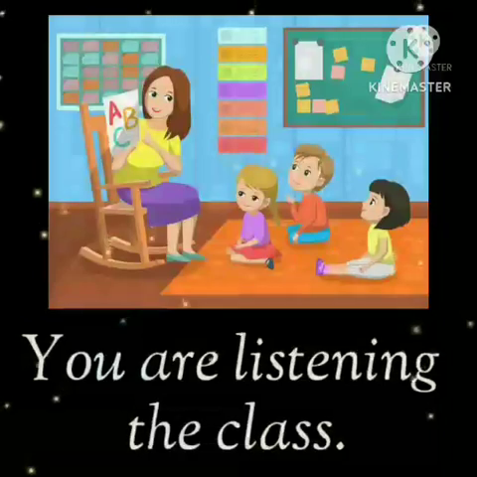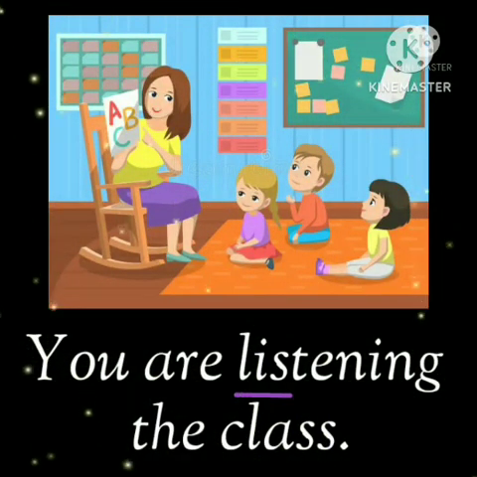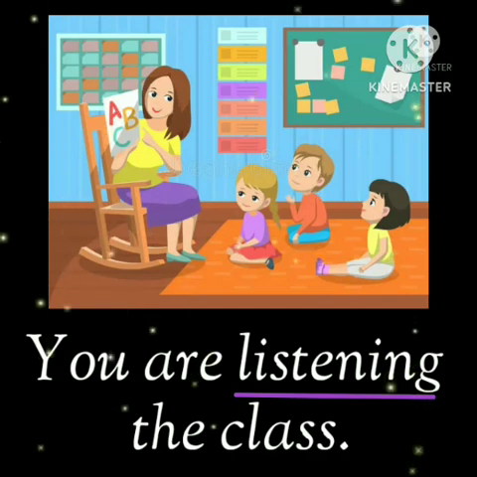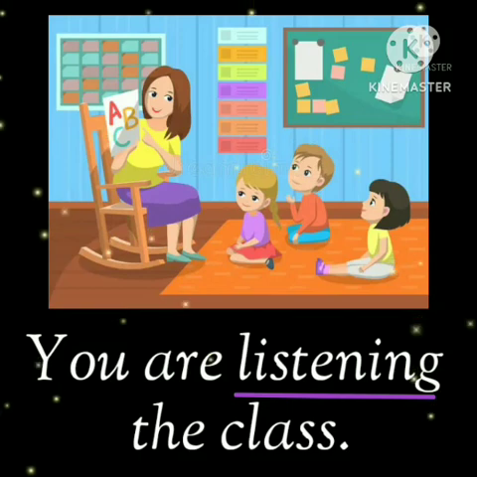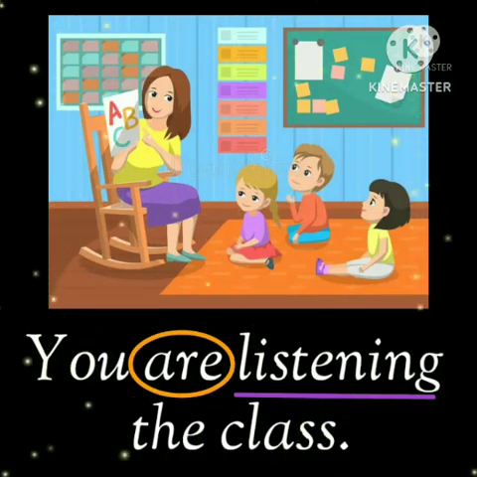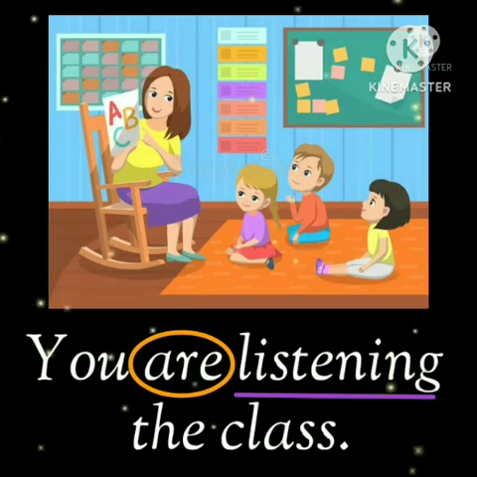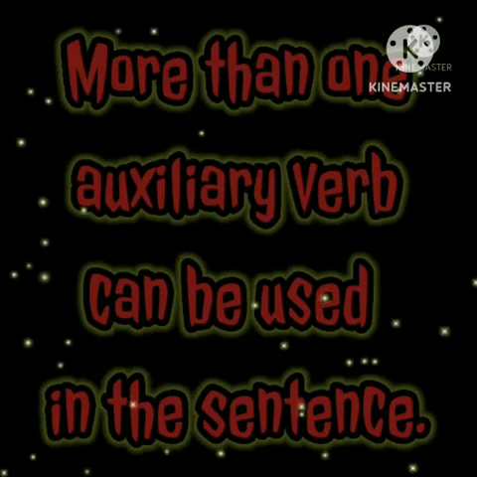For example, you are listening the class. Here, listen is the action that you are doing. So, listening is the main verb and are is the helping verb which helps us understand the timing of the action.